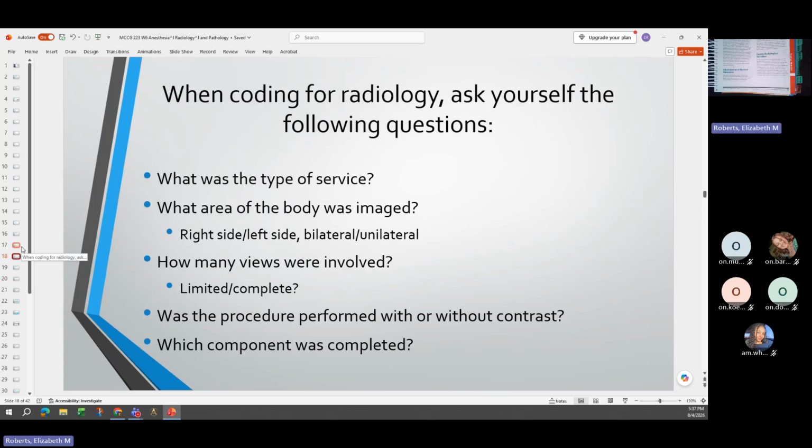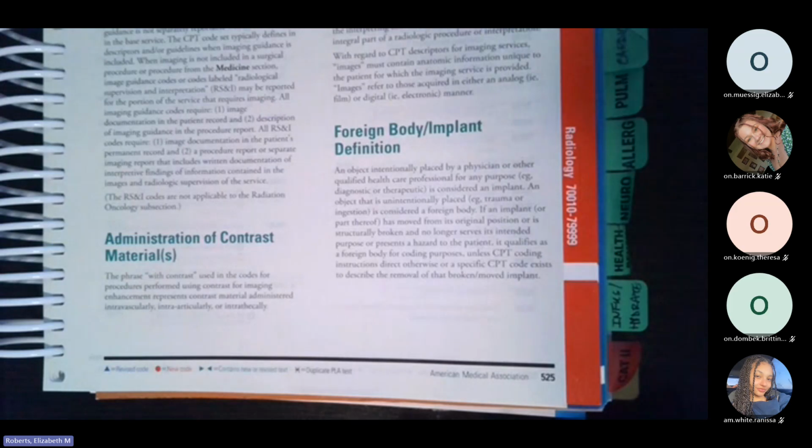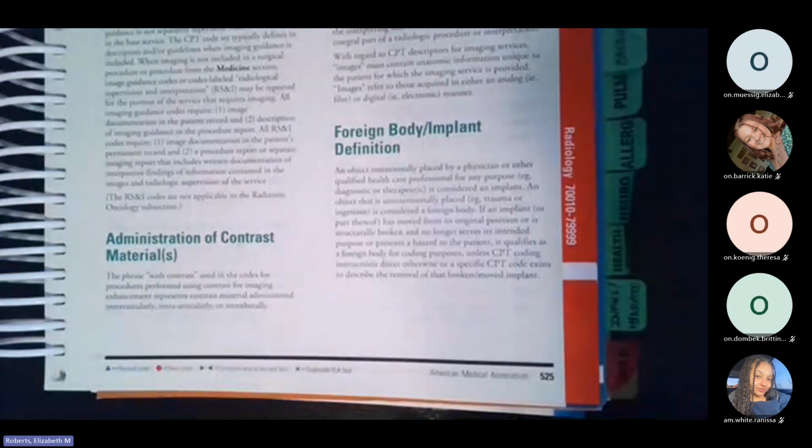I'm just going to talk about it here. So, and I know this hopefully is not a new concept, so I'm going to go through this pretty quickly with you guys. The component coding for radiology is technical component or the professional component or the global component. Hang on. I know I have to have this. I'm going to stop sharing for a second. I should have a slide on this. I think maybe just bear with me for a second.